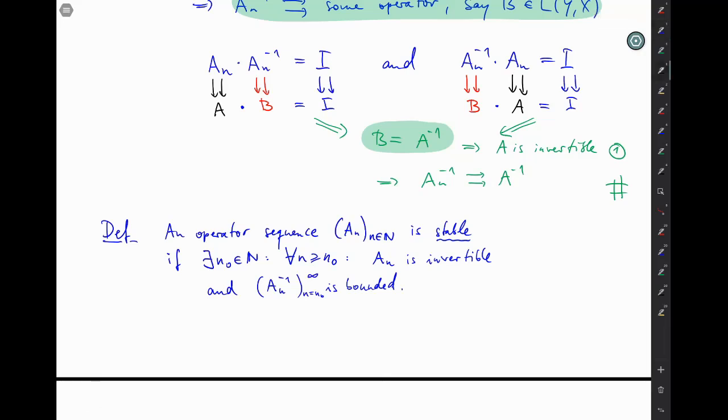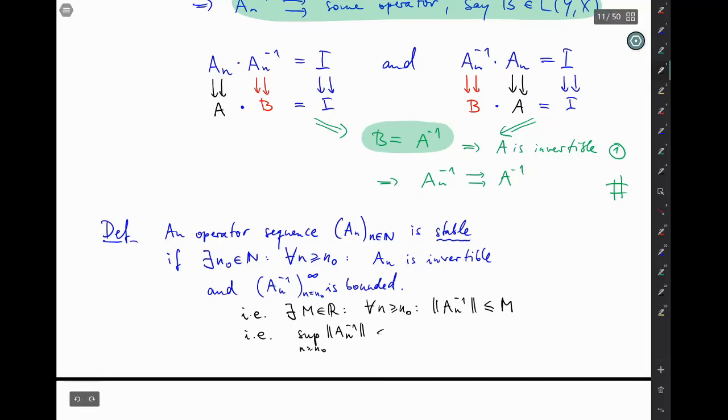And if you want, we can express that boundedness condition also explicitly. So you could say that there's a uniform upper bound on the norms of your inverses. Or you just abbreviate that as follows. The supremum of your norms of inverses, which is the best upper bound that you can find, is a finite number.